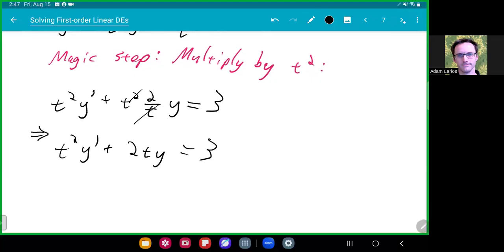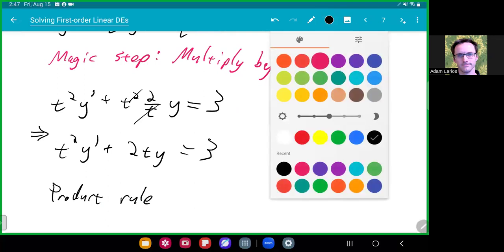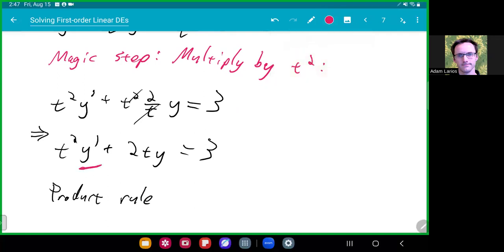And this might seem pretty disconnected from the previous problem. However, notice again, by the product rule, we have, well, take a look. Here we have y, the derivative of y, and here we have y by itself. Here we have t squared by itself, and over here, we have the derivative of t squared.